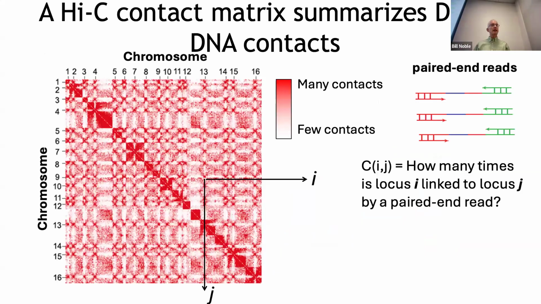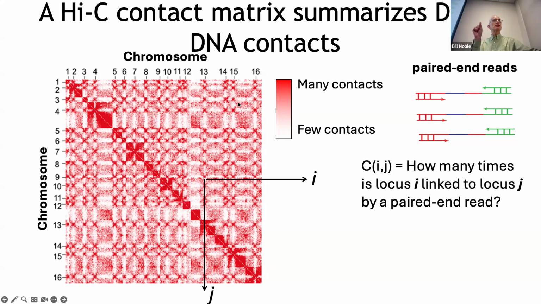So the result of this assay is typically summarized in a matrix that looks like this. It's a contact matrix. This particular one is from a yeast. You're looking at the full genome on one axis and the full genome on the other axis. The strong diagonal here corresponds to the interactions within chromosomes, and the ones that are farther from the diagonal are interactions between chromosomes.